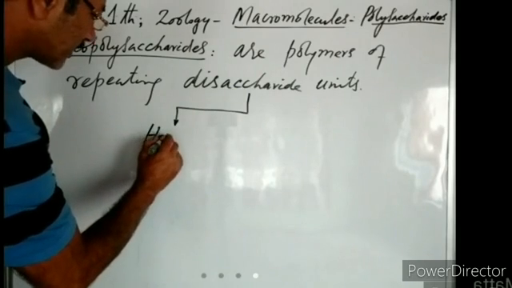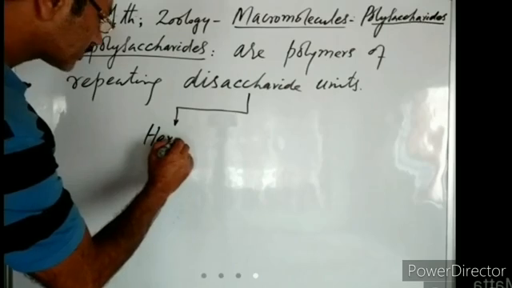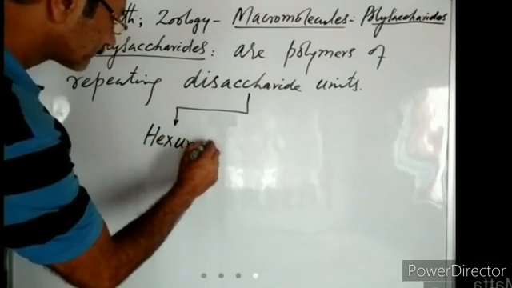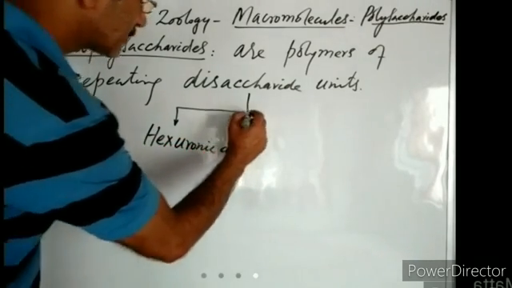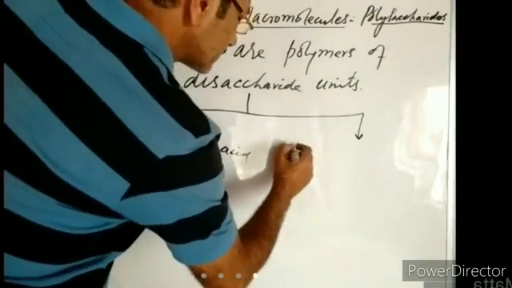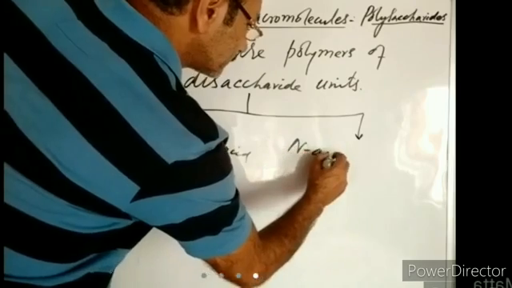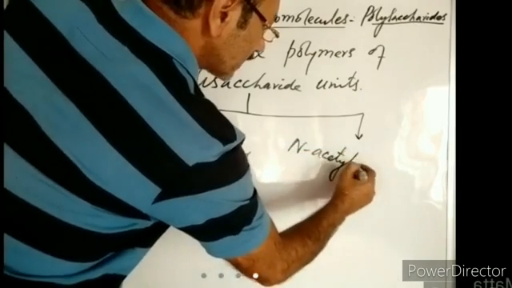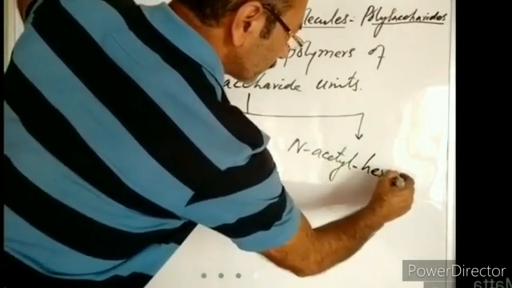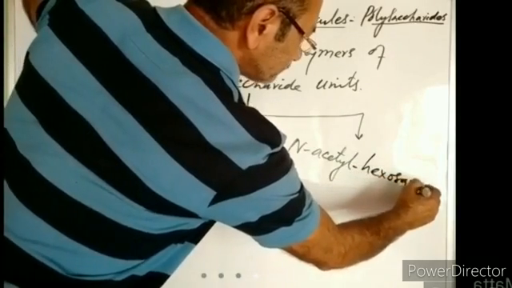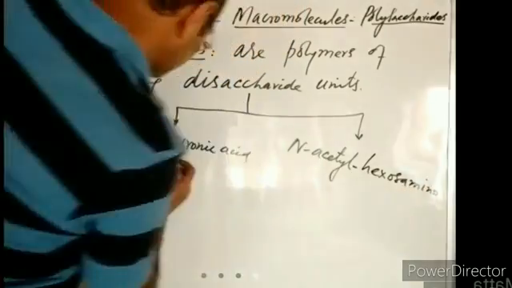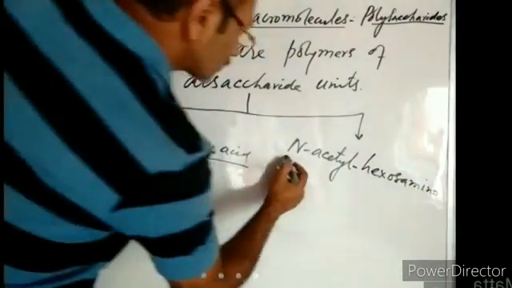For example, it may consist of one sugar known as hexuronic acid, and another sugar known as N-acetyl hexosamine. So this is one sugar, this is another sugar.